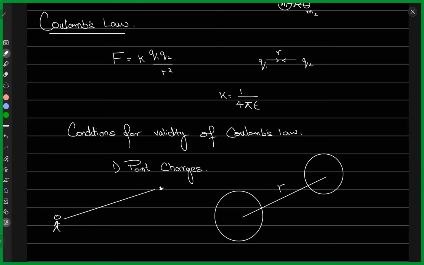When you see the night sky, you see dots in the sky, which are stars. But they're not really points. If you were able to get close to them, they're very huge objects. And so if I were to consider two spheres that are infinitely far apart from each other, then they can be considered as point charges. Is that clear?